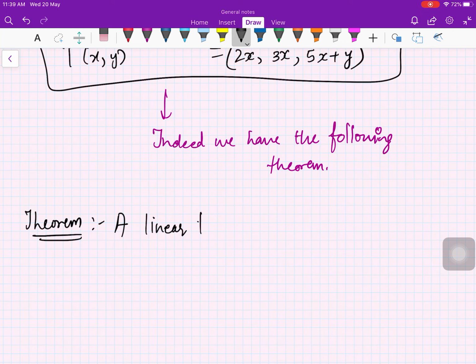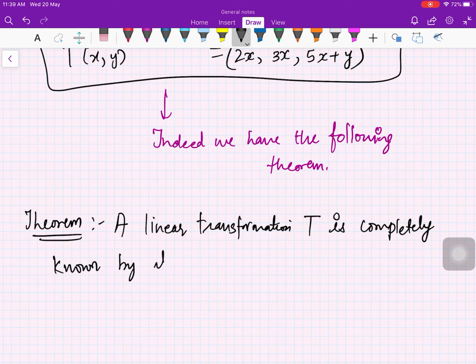So the theorem: a linear transformation T is completely determined, completely known, by its values on the elements of a basis.